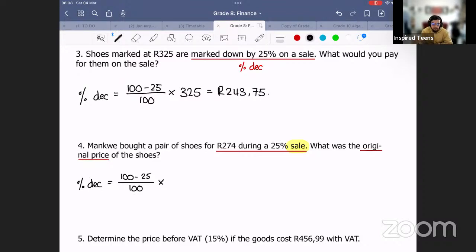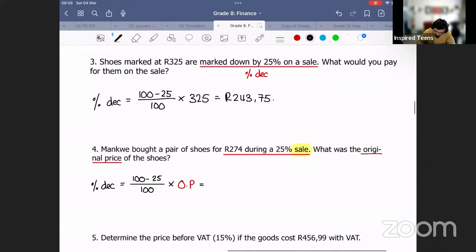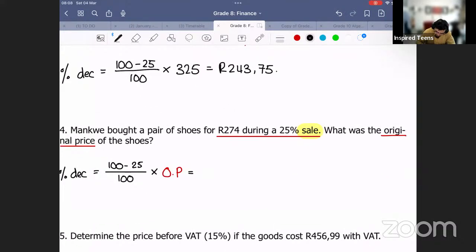We normally multiply by the given amount, meaning the amount that we are going to calculate the discount on. In this case, this is actually the unknown value. It's the original price. So it's 100 minus 25 over 100 multiplied by the original price. This is normally equal to the sale price, right, in this specific case. And since we know the sale price of 274, we can substitute it in there.